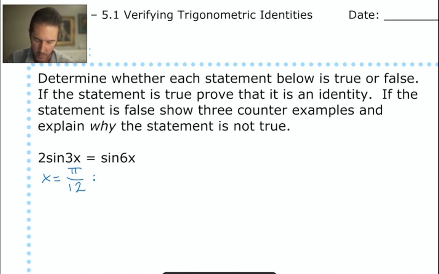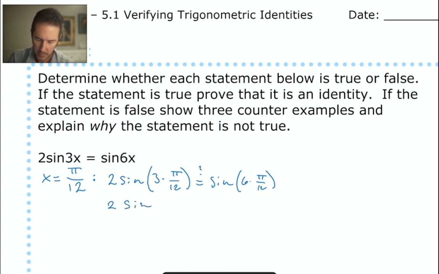We have 2 times the sine of 3 times pi over 12 supposedly equals, question mark, the sine of 6 times pi over 12. Let's see if this turns out to be true. On the left-hand side, we've got 2 times the sine of, the 3 and the 12 reduce, leaving us with a pi over 4. On the right-hand side, the 6 and the 12 reduce, leaving us with the sine of pi over 2.